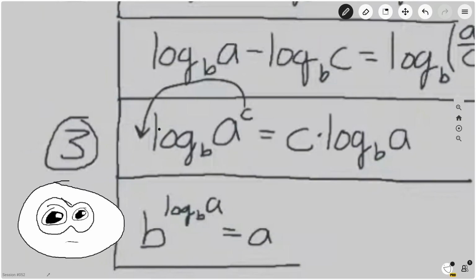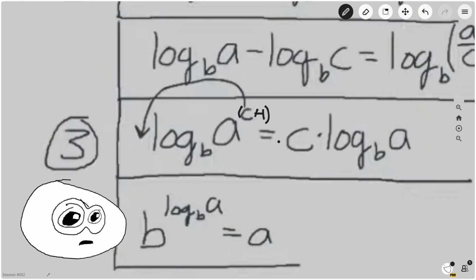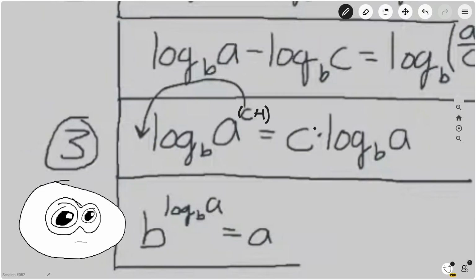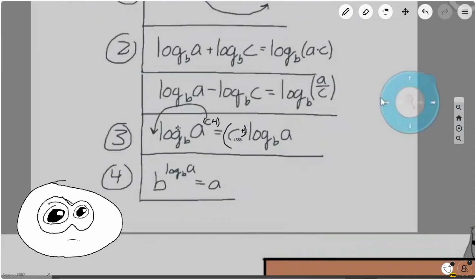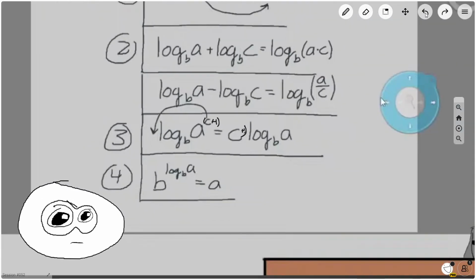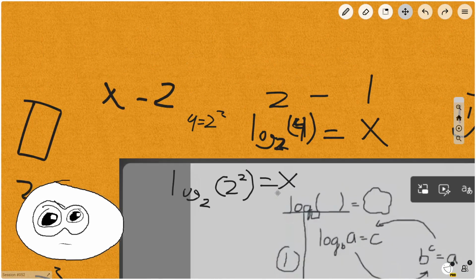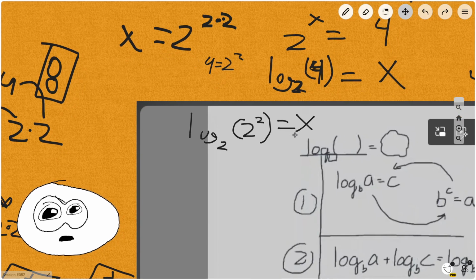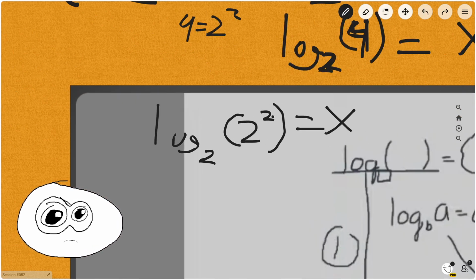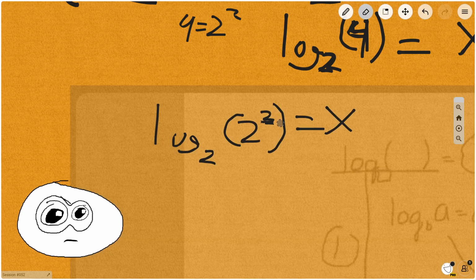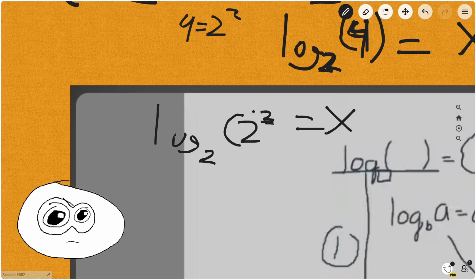Like if you have log base b of a to the c plus 1, and that is the whole exponent, then you would drag to the front c plus 1 times log base b of a, but I don't want to overcomplicate it right now. But that's just to show that it's a pretty flexible thing where it takes the exponent chunk right here. Actually, maybe I shouldn't have done it like that. Probably would be better like this.